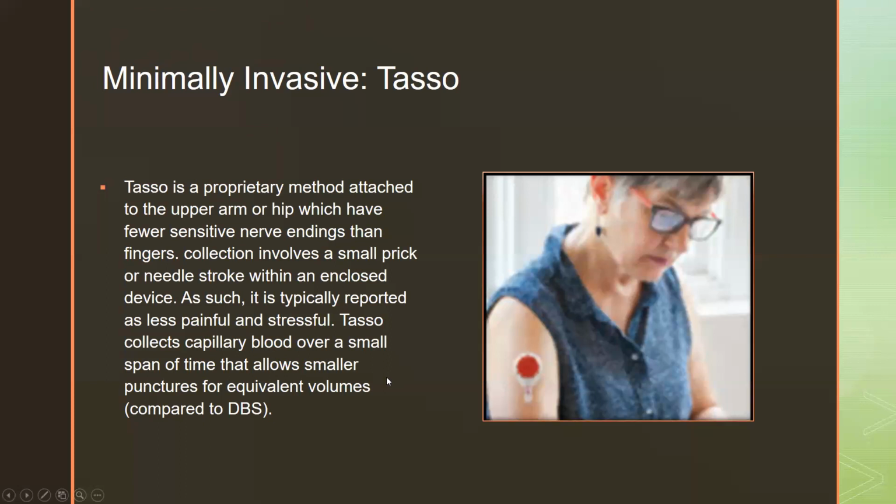It's really kind of cool because it avoids the sensitive nerve endings that are located in your finger from doing those pricks. As such, it's typically reported as being less painful and stressful. TAZO collects basically the capillary blood over a small span of time, and it allows for smaller punctures for equivalent volumes compared to DBS.